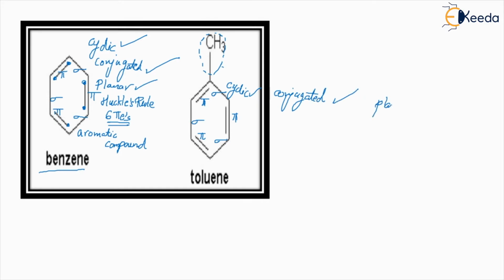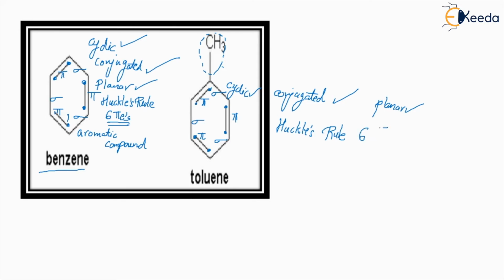Is it planar in nature? It will always be planar in nature. So the only thing we need to find out now is the Huckel's rule. And we need to calculate the pi electrons present in the Huckel's rule. So 1, 2, 3, 4, 5, 6.